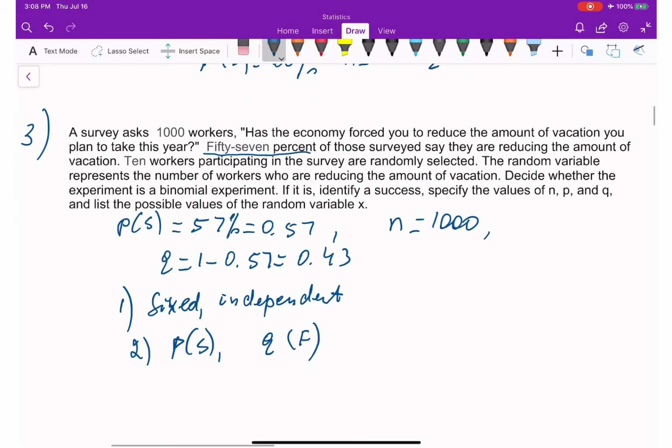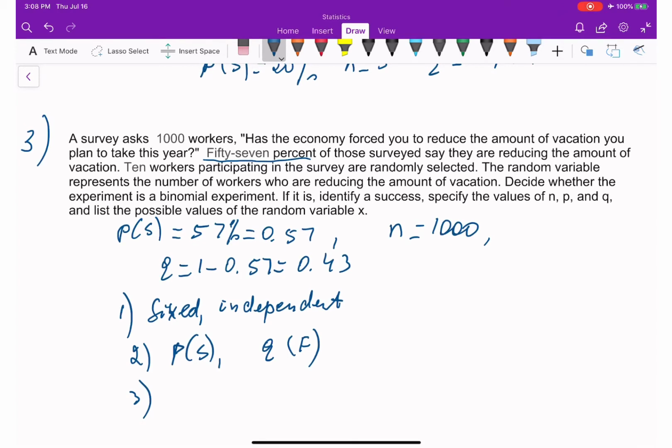Okay, question number 3. The probability of success is the same. The percentage is going to be the same because it is based on 57% of those surveyed saying they reduced the amount of vacation. So every time you ask, there is a fixed chance, right? Either you reduced or you didn't reduce.